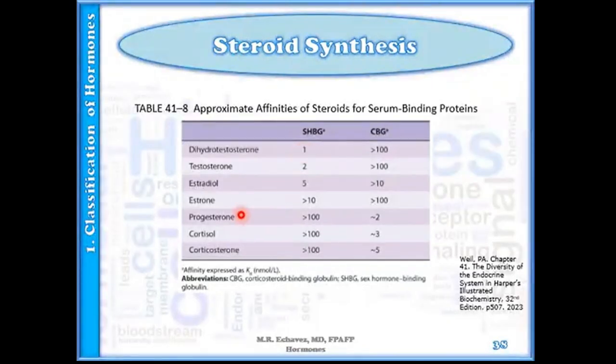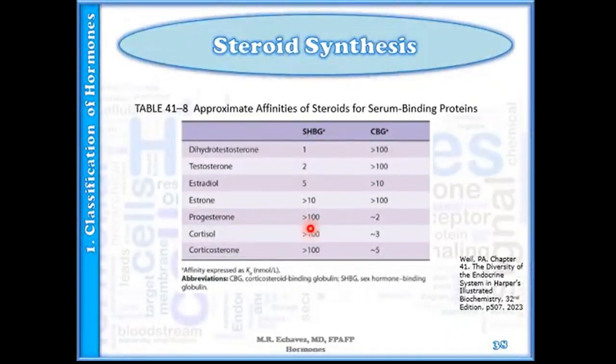If you notice, your estrogens are bound to your SHBG, but your progesterone is bound to your CBG. SHBG binds estradiol around 5 times less avidly than your dihydrotestosterone. And your progesterone and cortisol have little affinity for this protein.